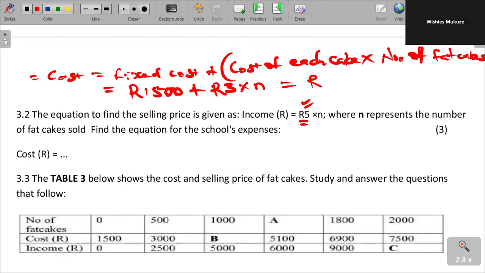So the cost is 1,500 plus 3n, 3 times n, or we can say 3 rand times n, which we don't know, the number of cakes there.